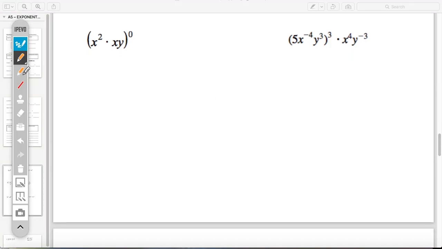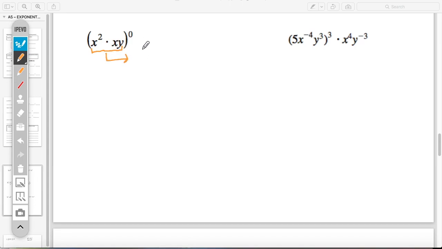Okay, so let's take a look at these ones down here. I have x squared times xy all to the 0th power. I'll take this expression and rewrite it.